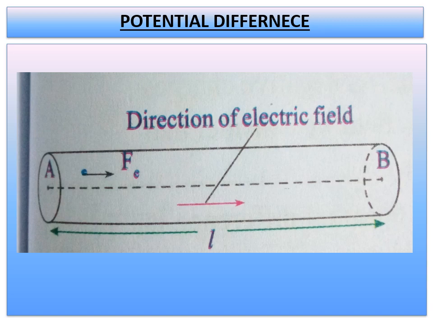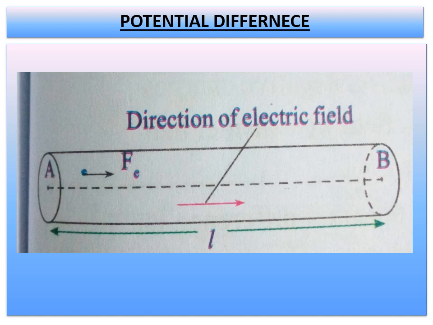Let us assume Fe is the force exerted by the electric field on a charge q. Here small q represents an individual charge, whether it is a positive or a negative charge. Positive charge means protons, but we don't consider protons because there are lattice ions which stay in their positions only. They are not moving. What we are discussing is related to electrons.